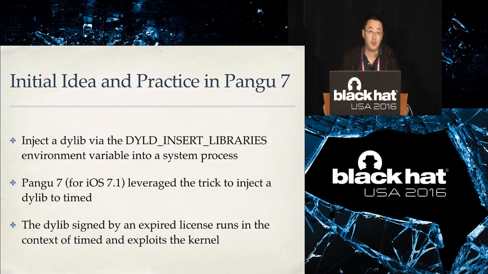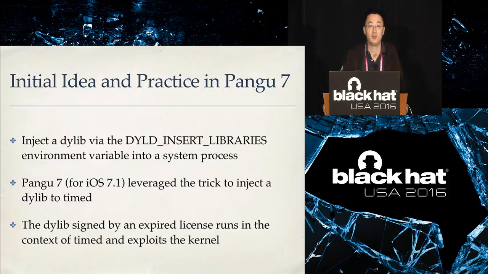So in order to run code after sandbox, our initial idea in Pangu 7 is if we are able to set this kind of environment variable called DYLD_INSERT_LIBRARIES, somehow we are able to insert our own dynamic library into a system process if we are able to launch that program. This environment variable is very similar to LD_PRELOAD on Linux.